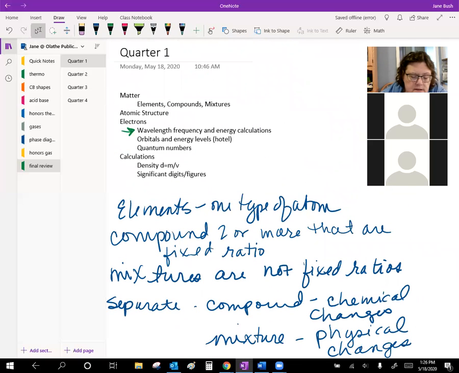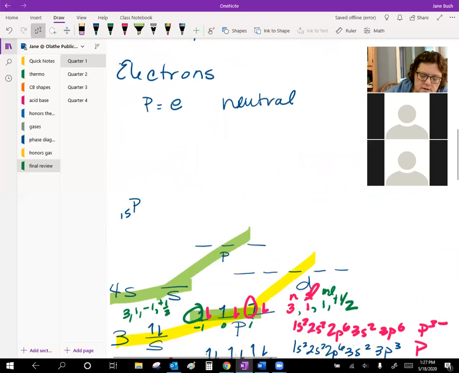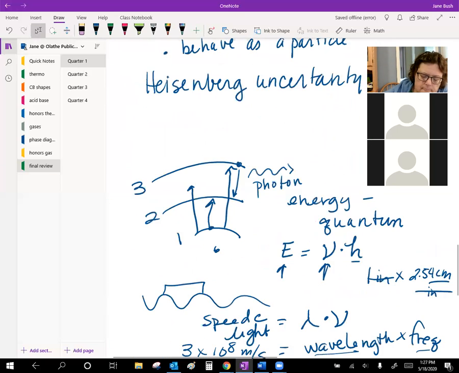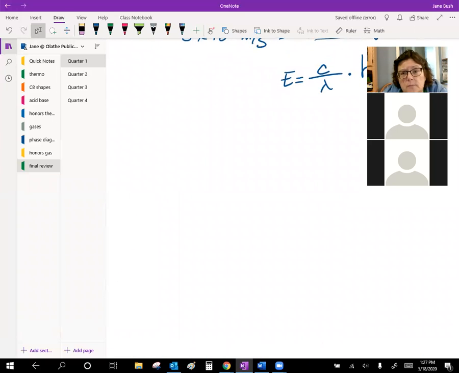Density and significant digits, figures. Density is just algebra. Density is equal to mass divided by volume. We did that the very first week of school when we did the golf ball lab. What gets kids is when you have to solve for this.